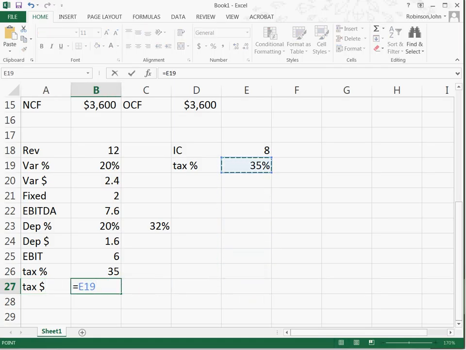So the question is, what do we base our tax calculation on? And tax percent is 35% of pre-tax profit, or in other words, EBIT. Now this would actually be EBT, right?